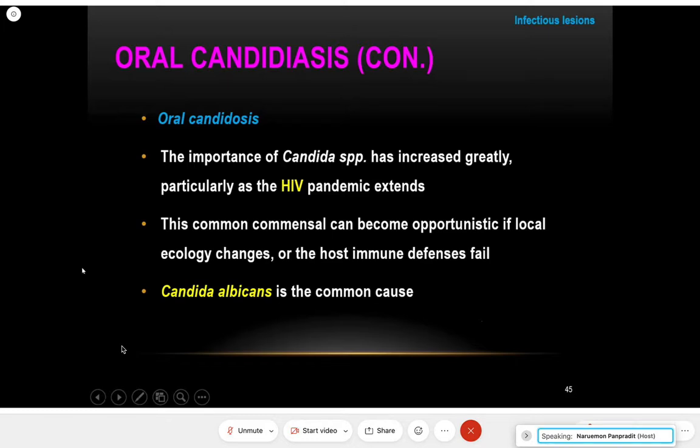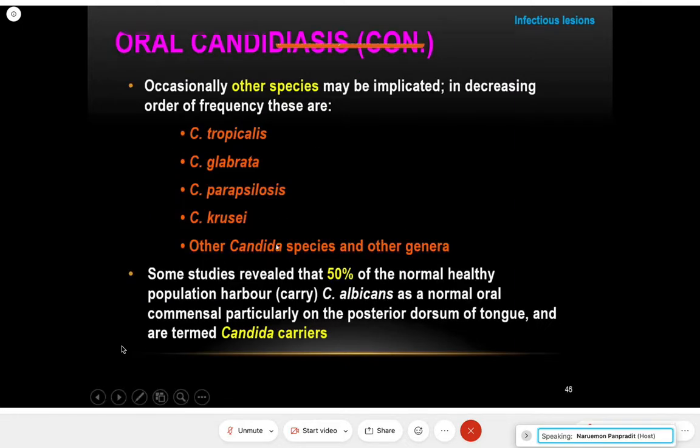The most common is Candida albicans. This is the main cause, because Candida has various species. Other species, like Candida tropicalis and Candida glabrata, are not as common. However, the most important is Candida albicans.